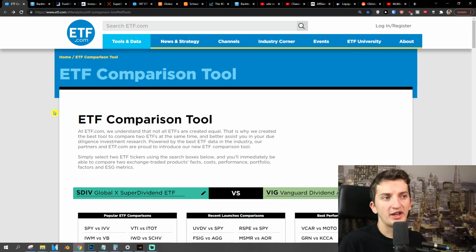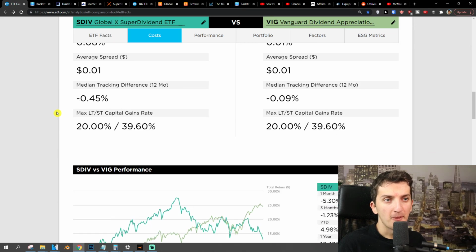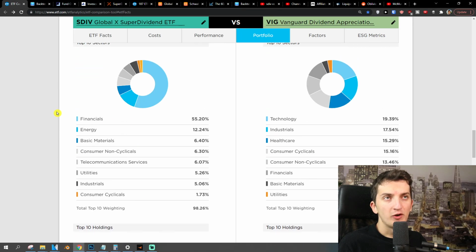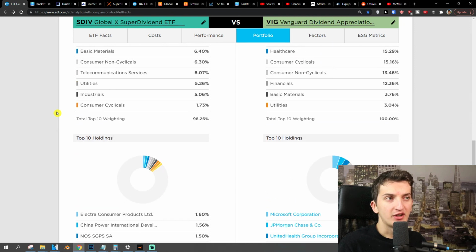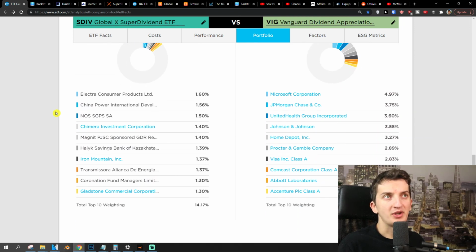So when we compare it, SDIV, to summarize it, higher expense ratio SDIV, less assets under management, less liquidity, less average daily volume. Focusing on international stocks here. And VIG got well-known companies into it. When we look on the performance, yes, the only thing is like dividend.